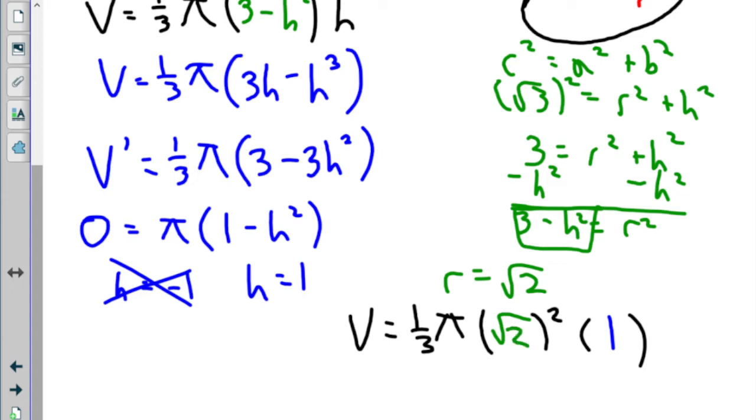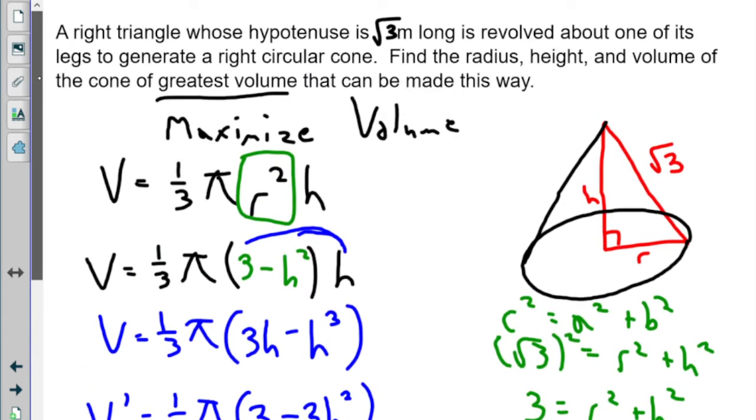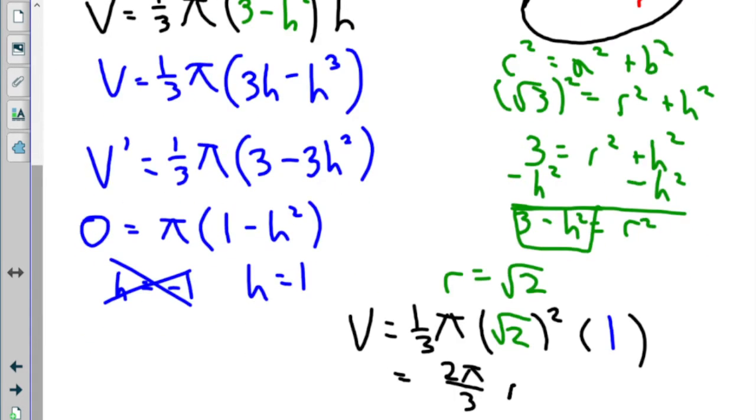So that will give me square root of 2 squared is 2 times 1. So we have 2 pi over 3 meters cubed. That's our volume, and that's what would create my maximum.